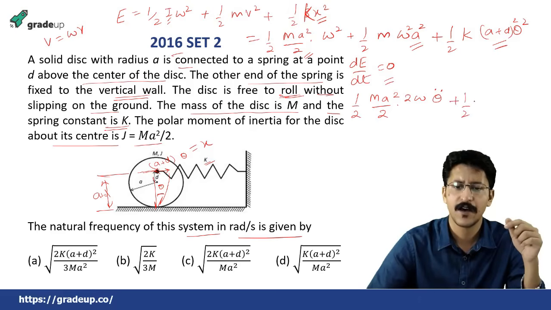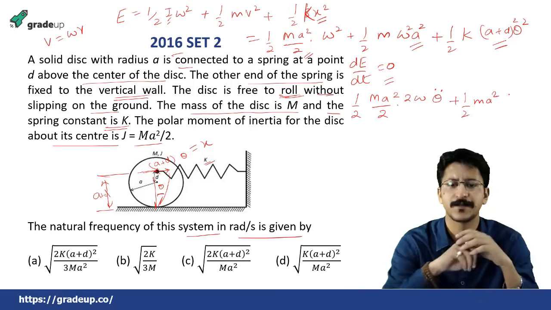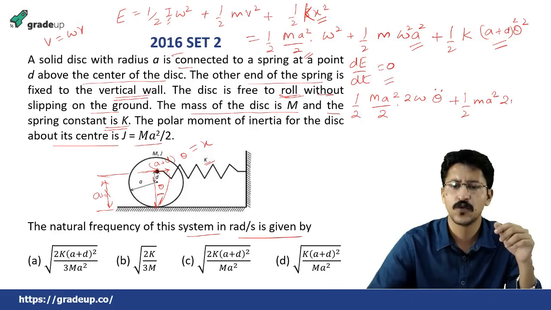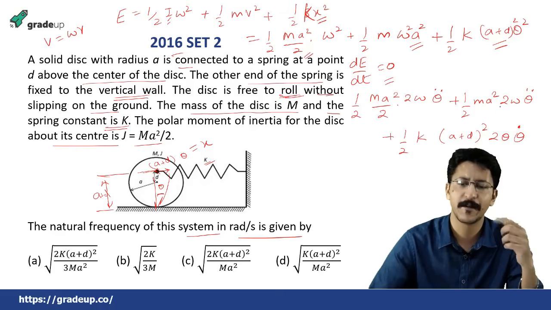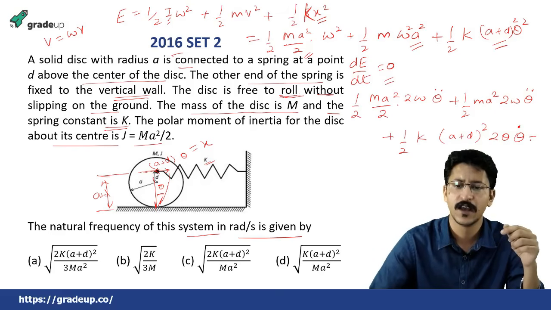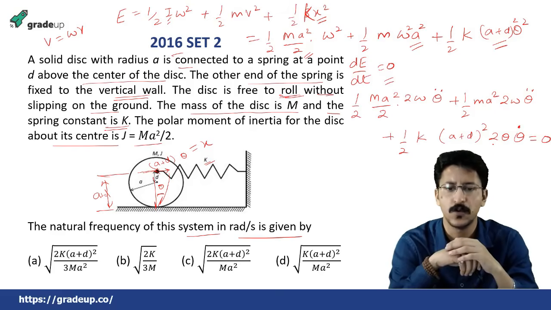Plus half m a square is like this. Omega square becomes 2 omega d omega by dt, that is again theta double dot. Plus half k, a plus d square remains like this. This becomes 2 theta d theta by dt, that is theta dot. Simple, d theta by dt is omega, that is theta dot, and this is written equal to 0.